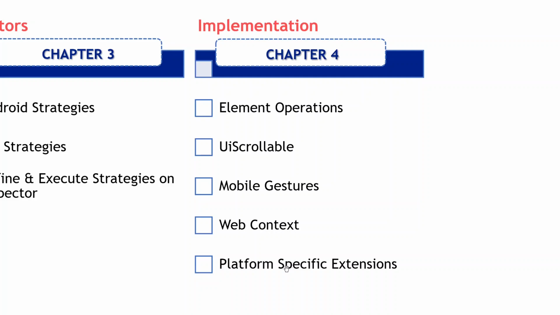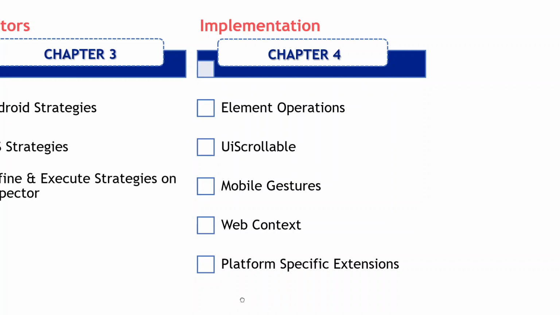That we call a hybrid. If any app has such a screen, Appium provides a mechanism to switch over to the web content, identify the elements, and perform the operations. That kind of operation I'm going to walk through in this chapter.